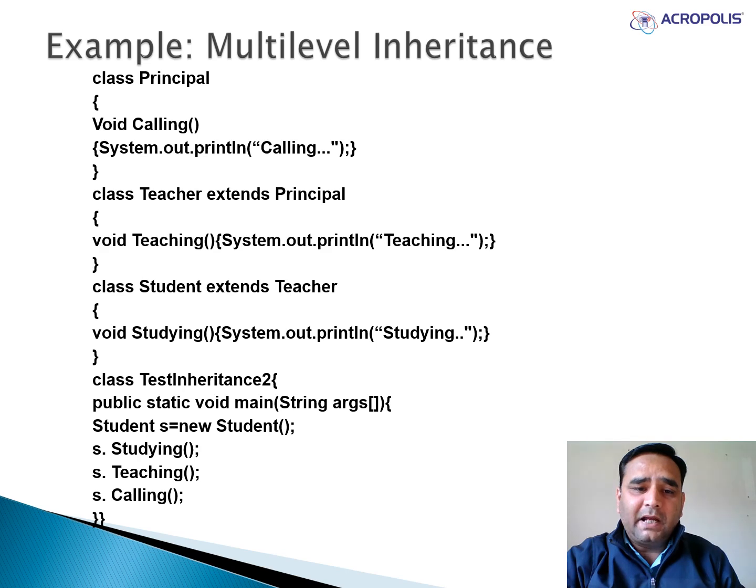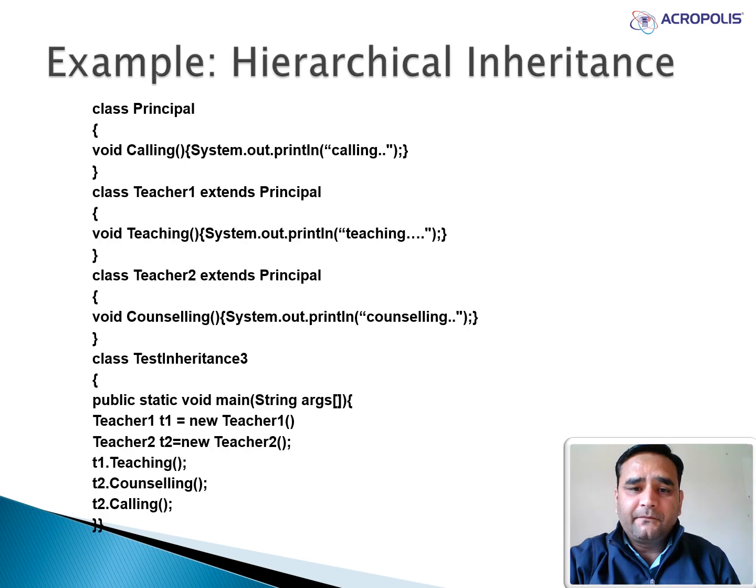The principal class will act as a base or parent class for the teacher class, and the teacher class will act as a base or parent class for the student class. In the test class we are creating the object of the student class, and with the help of it we are calling the methods of the student class, teacher class, as well as principal class. So this is an example of multi-level inheritance.